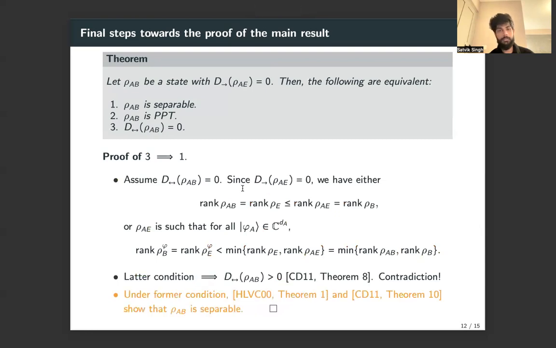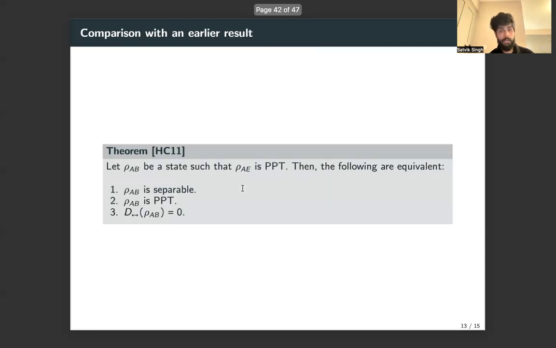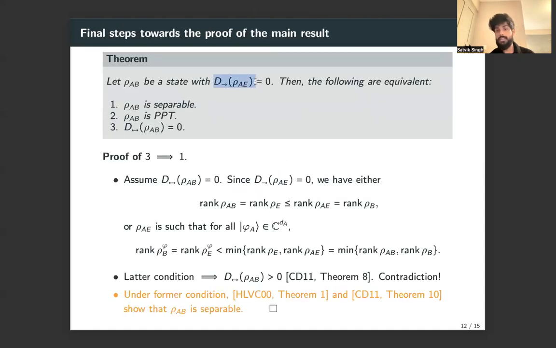the desired statements. At this point, I think I should mention that a similar result was earlier obtained by Hayashi and Chen in 2011, which obtains the same equivalences that I just explained before, but they assume that the complementary state is PPT, which is a much stronger constraint than just one-way undistillability.